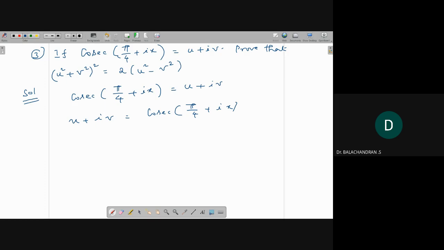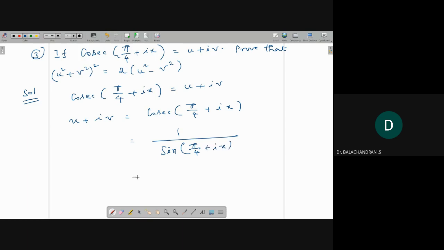Now this is 1 by sine, so I convert in terms of sine: sine of pi by 4 plus ix.